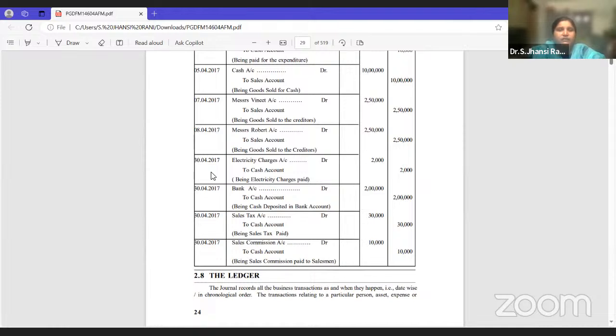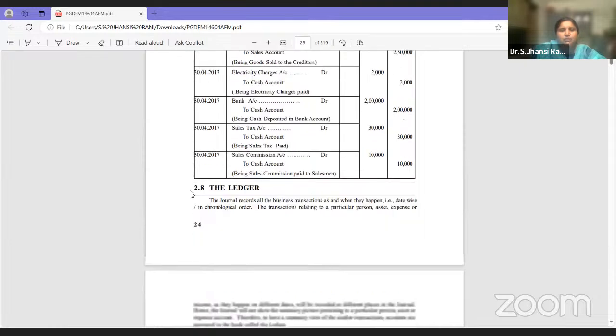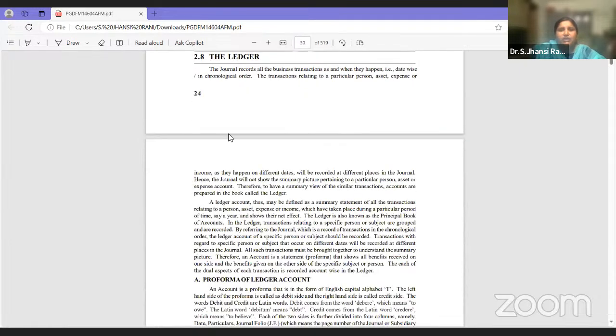At the end of the year we will be able to find the total purchases we did in this particular year, and also the sales we have done throughout that year. All this is possible only with the help of the ledger account. Ledger account in simple terms we call a T-shape account.